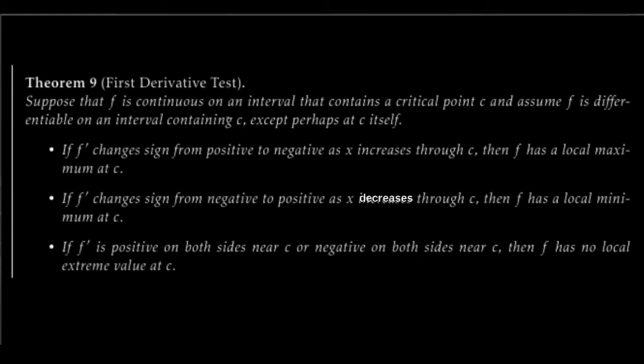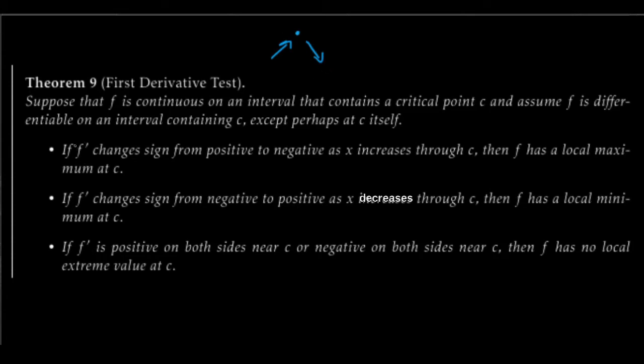Okay, so if f prime changes sign from positive to negative as x increases through c, then f has a local maximum at c. So that is, if we're going up and we start going down, that means that at the very top, at the moment where we switch from going up to down, we hit a maximum.